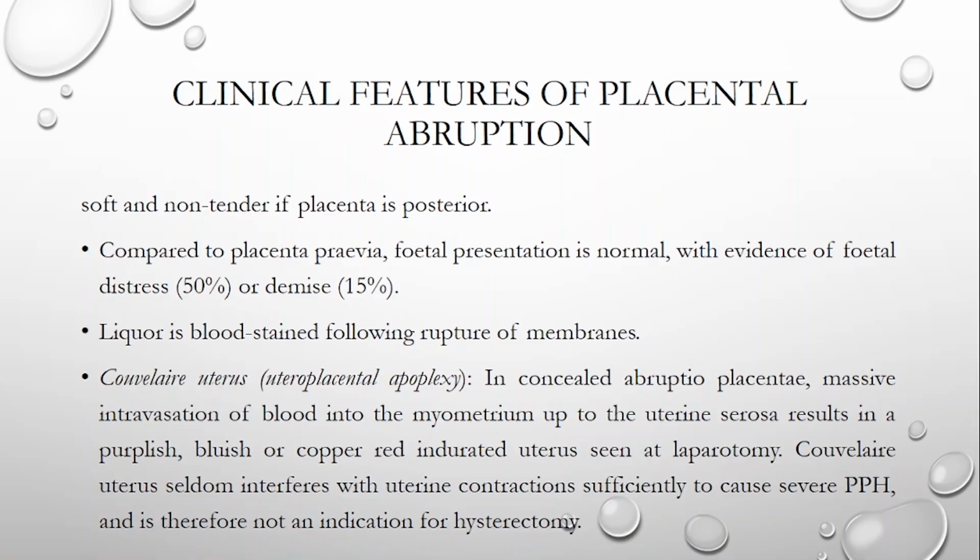Compared to placenta previa, fetal presentation is normal, with evidence of fetal distress in 50% or demise in 15%, like the third level of the Page classification, where you can have fetal death with coagulopathy or without coagulopathy. The liquor in abruptio placenta is blood stained.